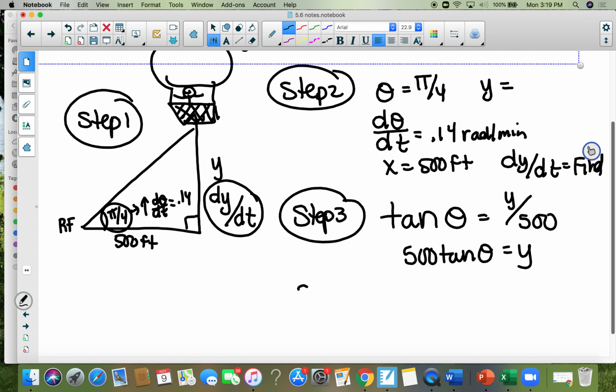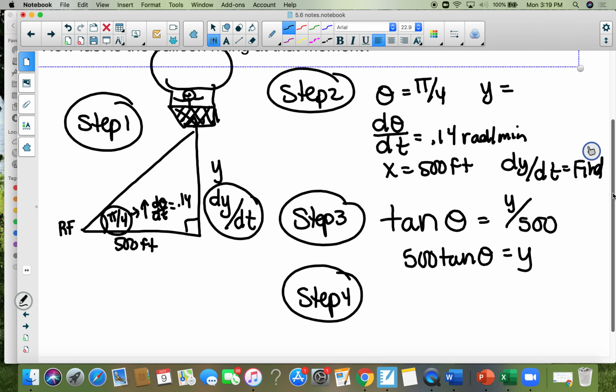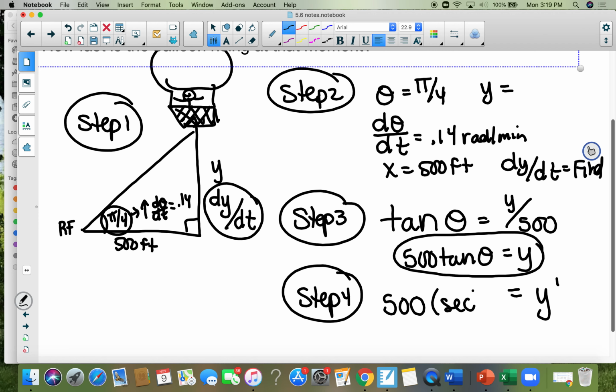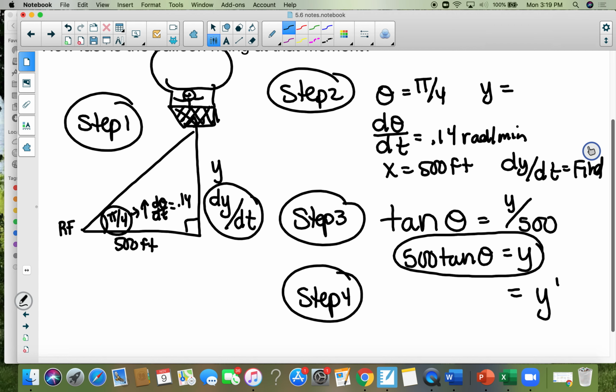Step number 4, the directions say to find dy dt, so I'm trying to find y prime, so I'm going to take the derivative of this. 500 is just a constant, so I copy it down. The derivative of tangent theta is secant squared theta d theta dt.